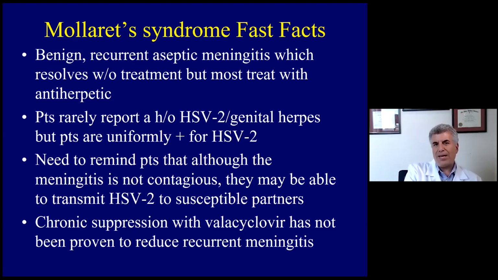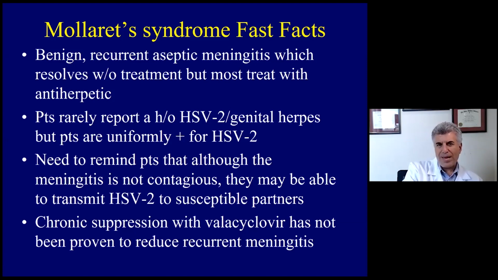We need to remind patients that although the meningitis is not contagious, they may be able to transmit the HSV2 to susceptible partners. This can be considered an STI, especially with shedding and asymptomatic shedding. And chronic suppression with valacyclovir was studied, and it was a randomized controlled trial, but the valacyclovir group did not show any decrease in the number of recurrences of meningitis in that first year.